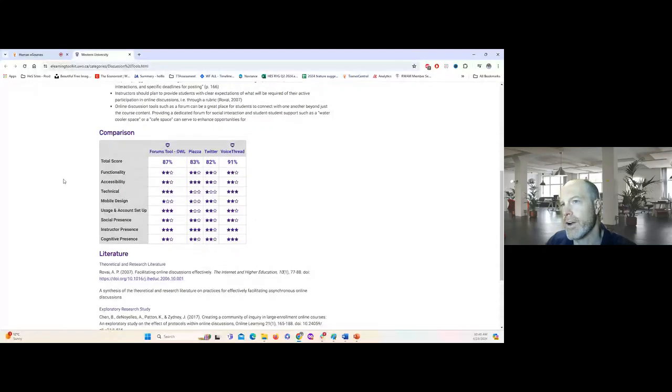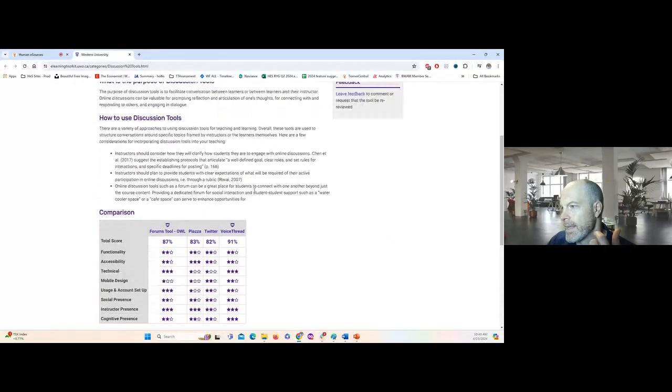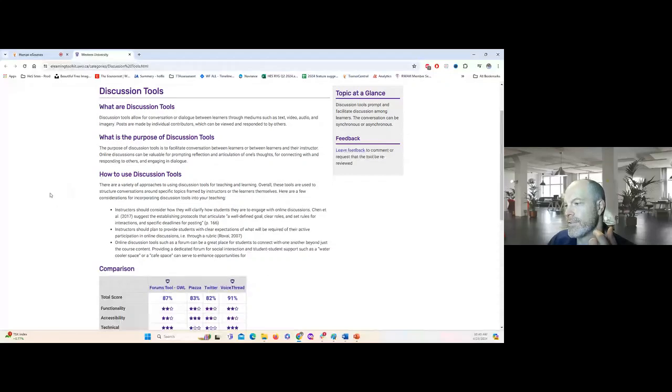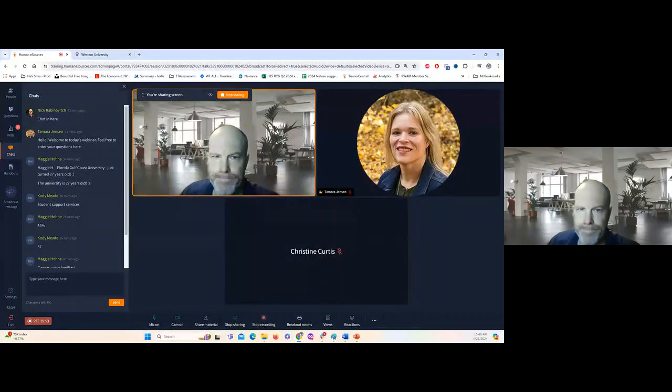A lot of them are embedded already in LMS, but if you want something that goes to the next level, there are these ones too. I've used Piazza myself in postgraduate work. Twitter, obviously called X now, but there are ratings of the advantages and disadvantages of each of these tools and how they can help in discussions in university courses. So I recommend it if you can.